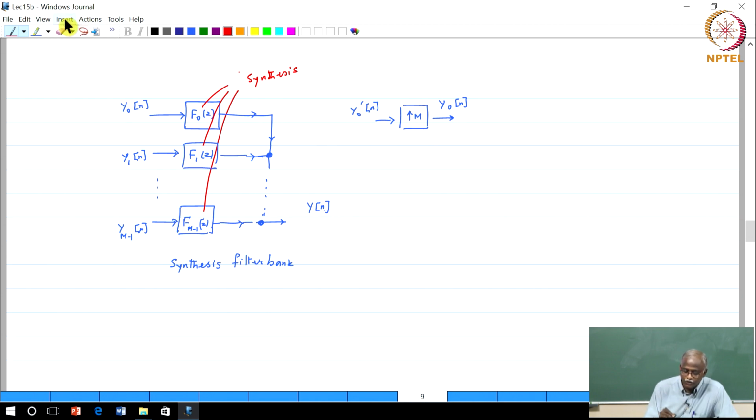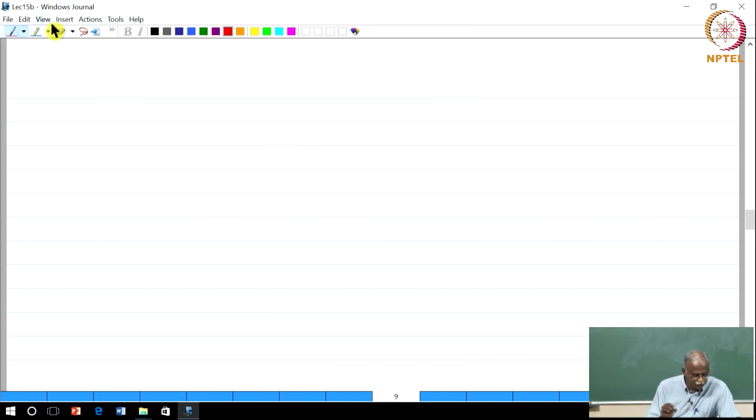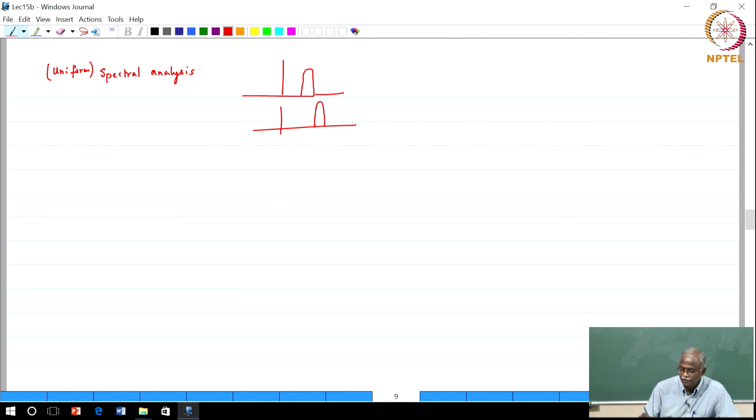So, in this context, let me introduce some more notation. Particularly if you want to do spectral analysis, there is something called uniform spectral analysis. Uniform spectral analysis says pass your signal through filters which are uniform in bandwidth.